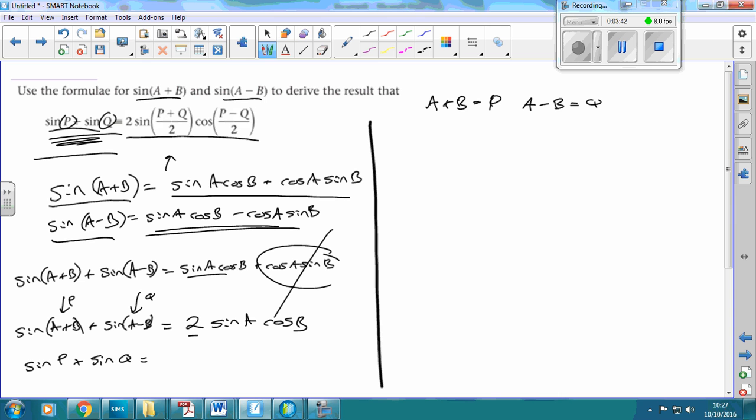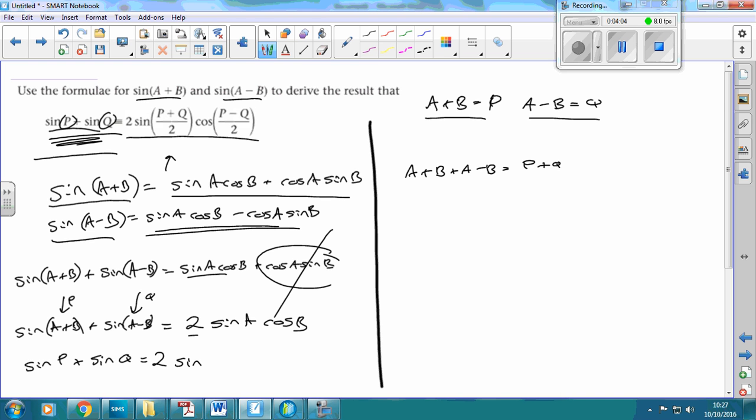We've got 2 already, so it's going to be 2 sine, but we've got sine a. So we need to work out what a is in terms of p and q. What happens if we add these two together? a plus b plus a minus b equals p plus q.